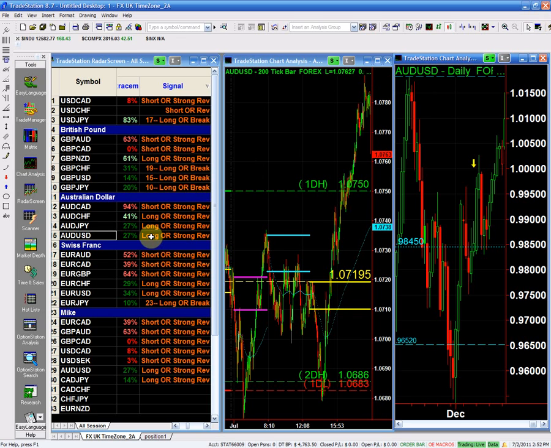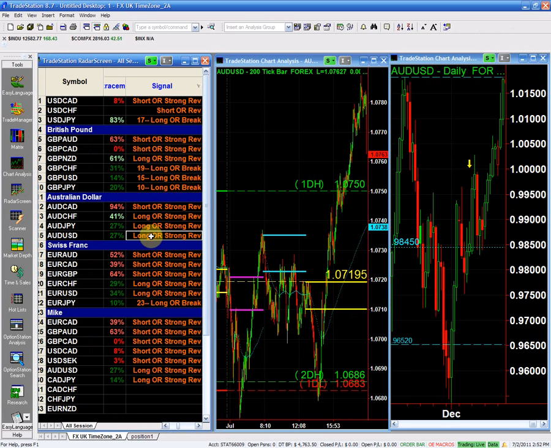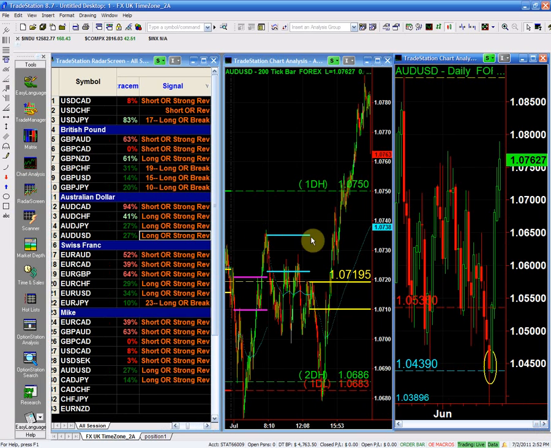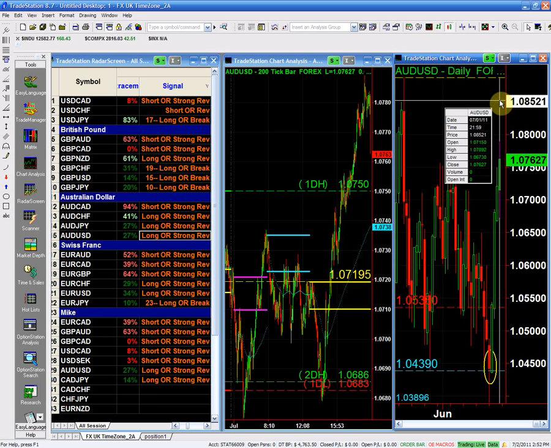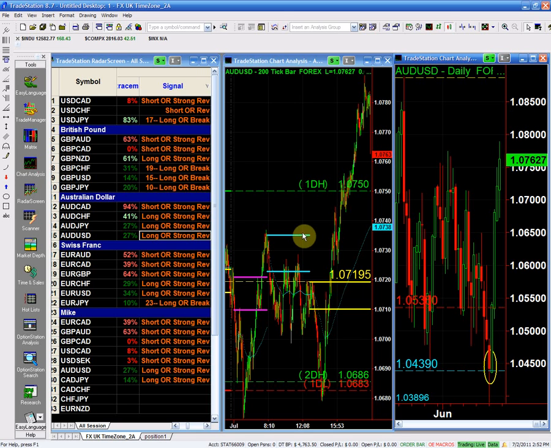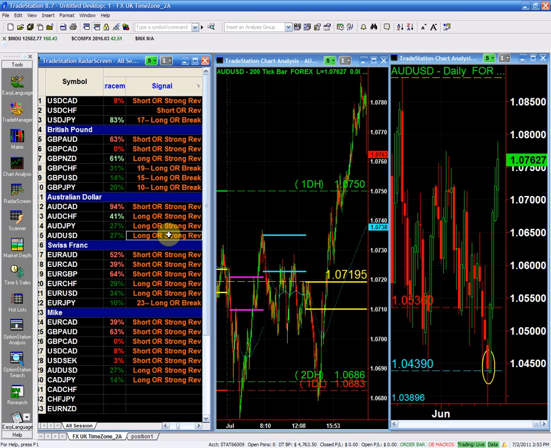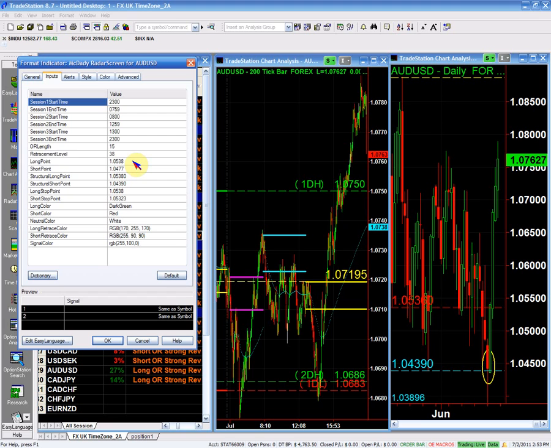So again, this is an easy planning trade for the Aussie dollar. For the Aussie dollar, I want to buy it above 107.90. That's my buy signal.